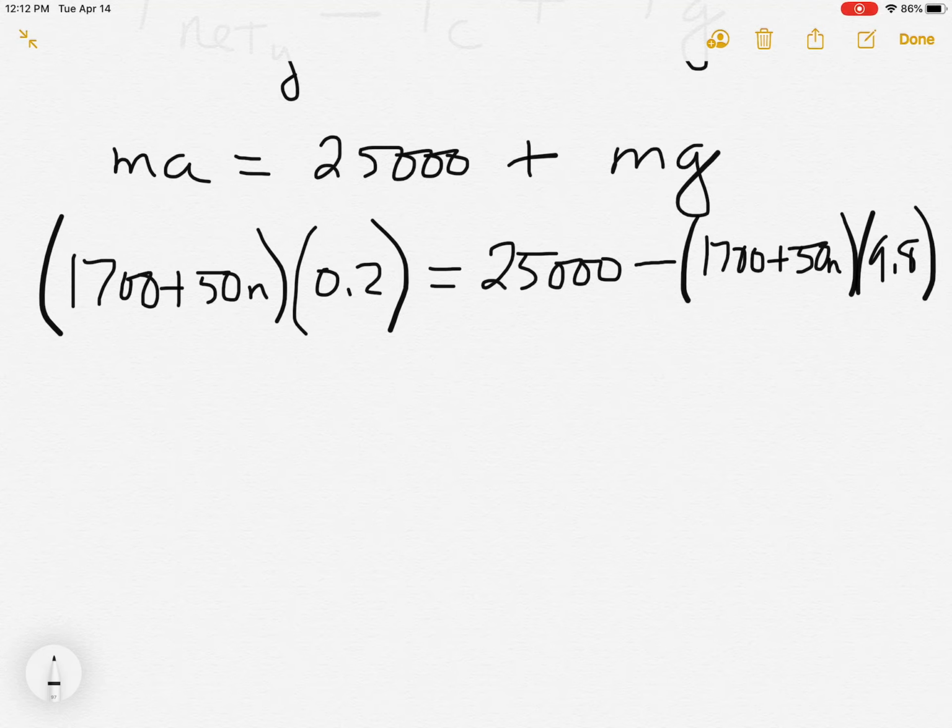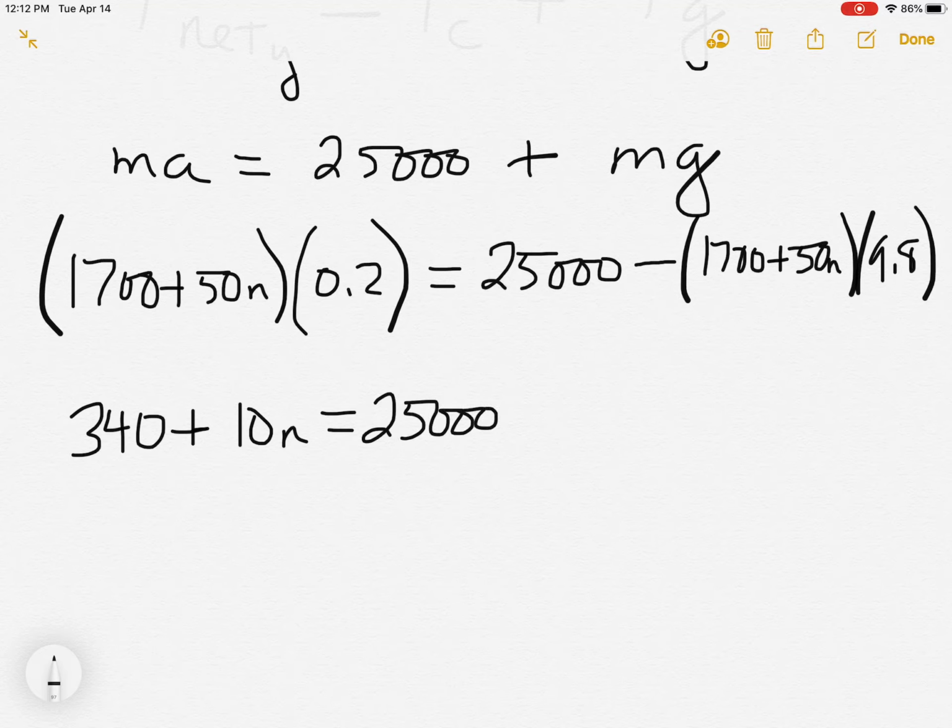Now the math's a little bit trickier because you have some brackets. You've got to distribute. So the first case is 1,700 times 0.2, which would be 340. And then if you do 50 times 0.2, it should be 10, right? So plus 10n. 25,000 is not changing.